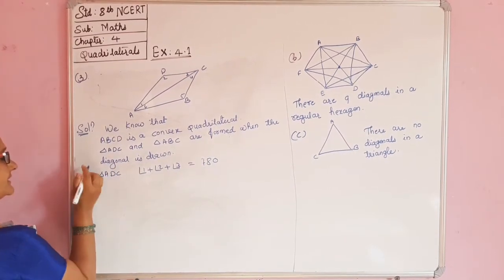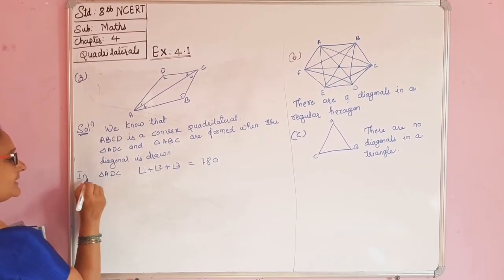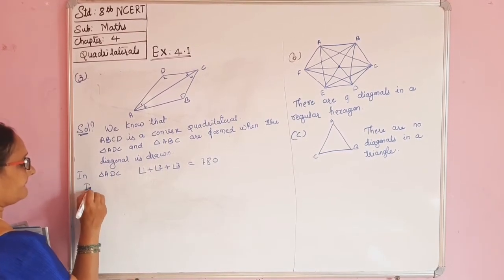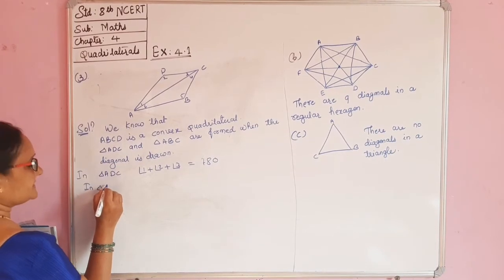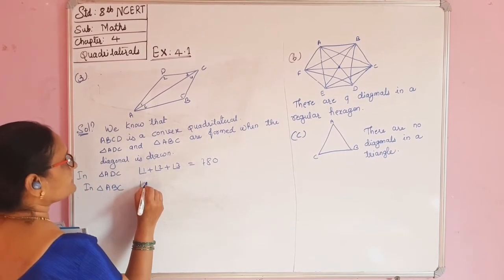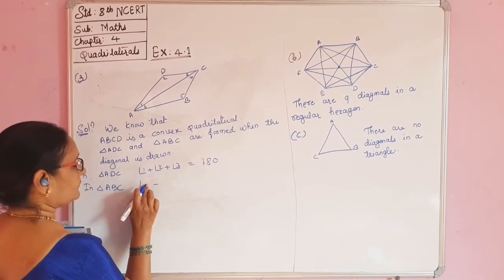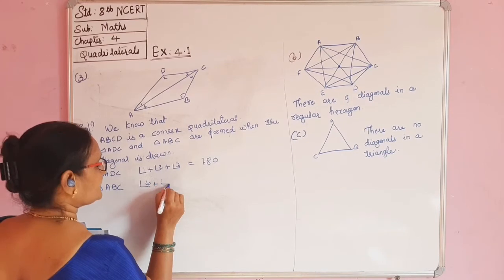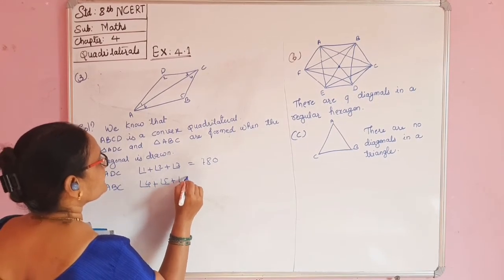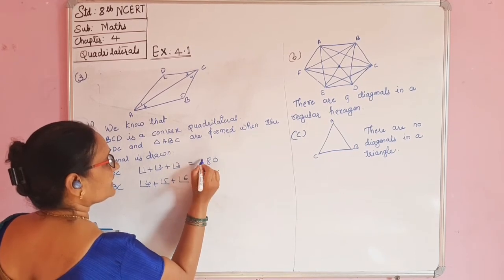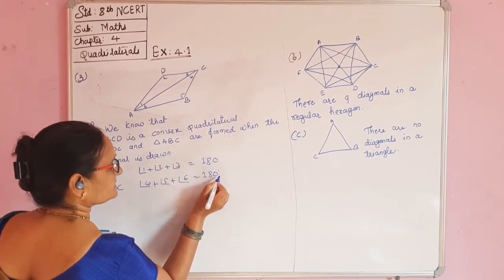This is in triangle ADC. Then in triangle ABC, angle 4 plus angle 5 plus angle 6 is equal to 180 degrees. You know already the angle sum property for triangles.